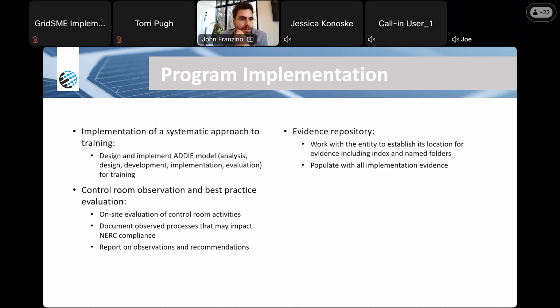So we talked about the systematic approach to training. We don't need to harp on that anymore. Another thing that is not required, but definitely a recommended best practice, especially if you have a new control center with maybe not a lot of experienced control center operators, is having someone who's qualified to do some on-site control room observations, right?